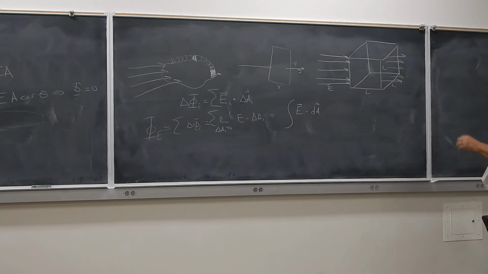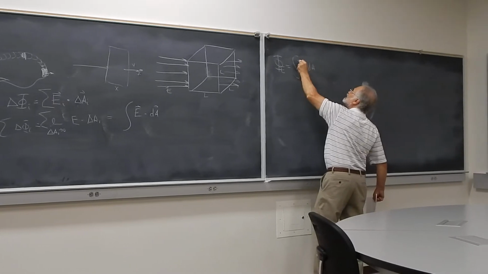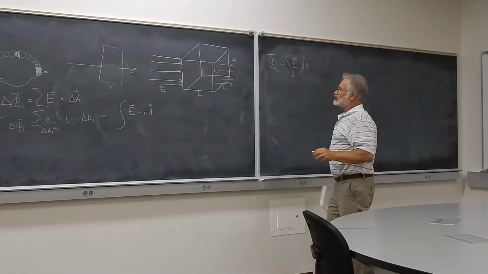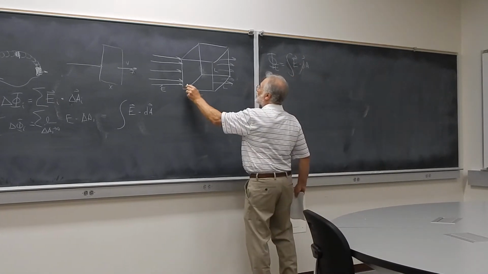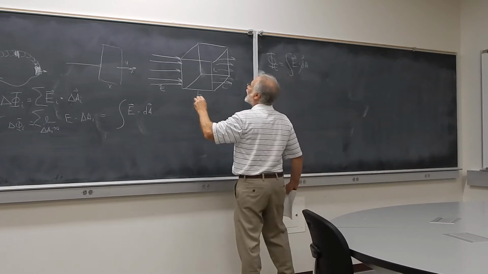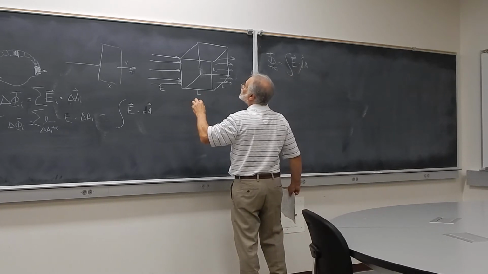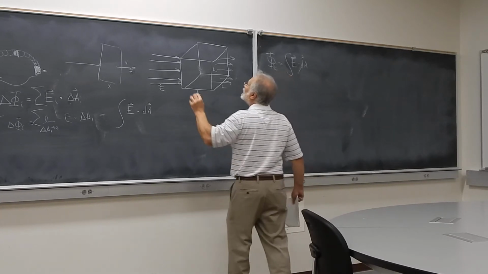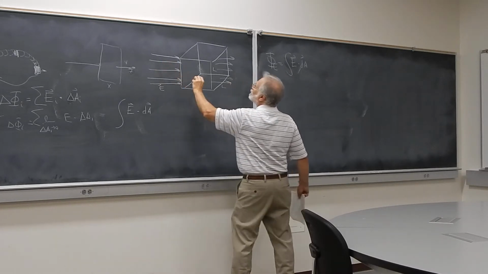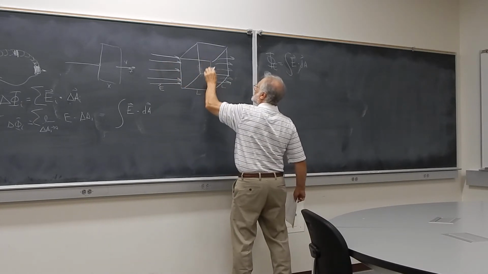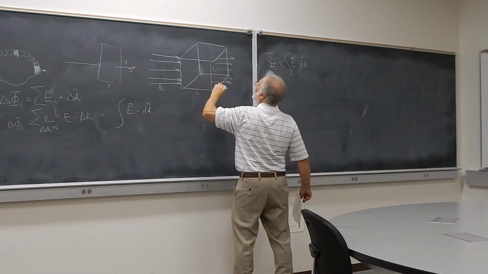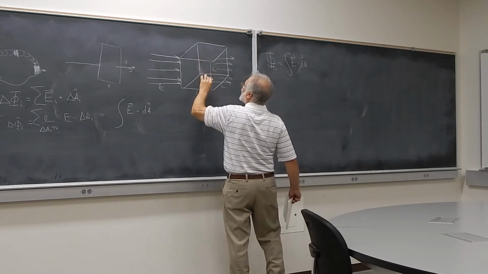First of all, take advantage of the fact that the electric flux is the integral of E dot dA. Let's look at the 4 surfaces that are parallel to the lines of E. Those would be the top, the bottom, the back side, and the front side.